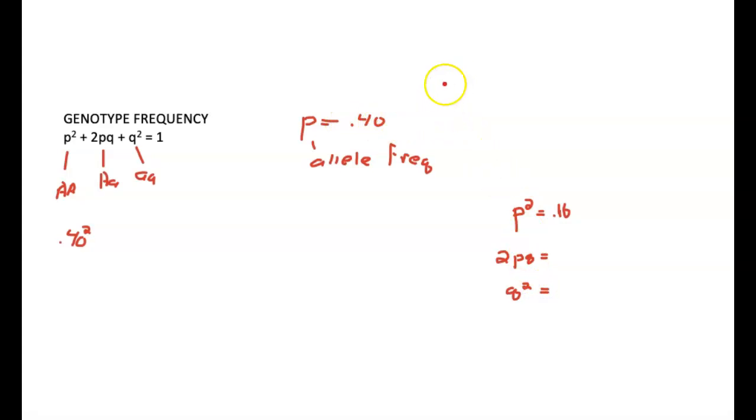P plus Q equals 1. So 0.40 plus Q equals 1. Can everybody solve for Q? Should get 0.6. If I want to know Q squared, 0.6 squared.